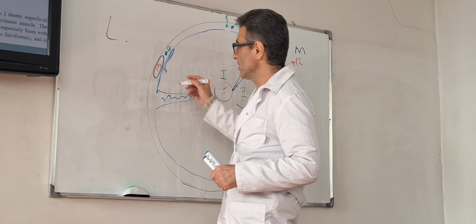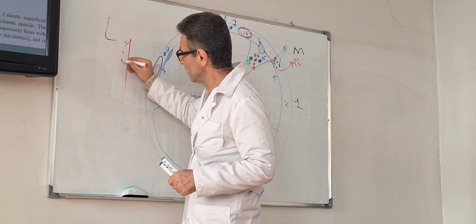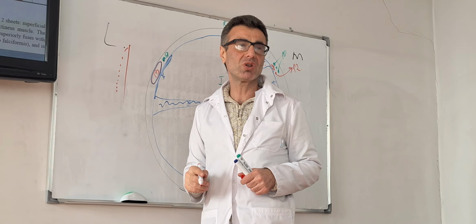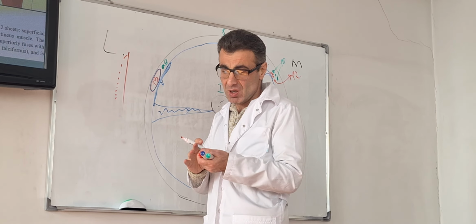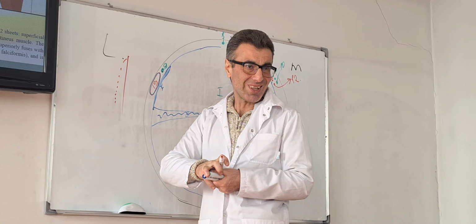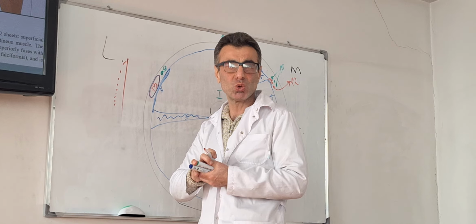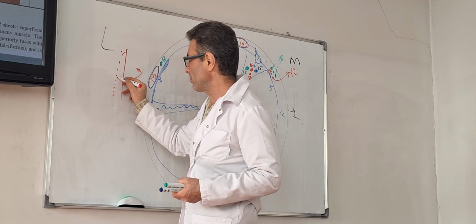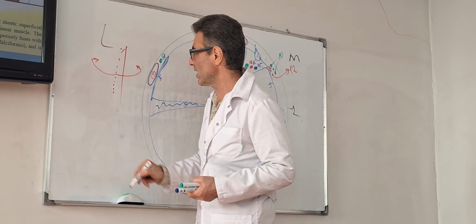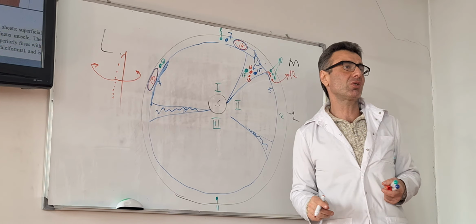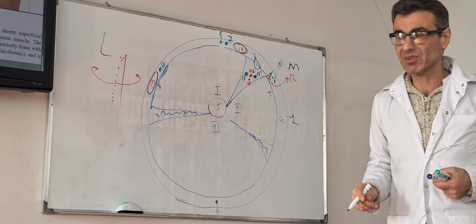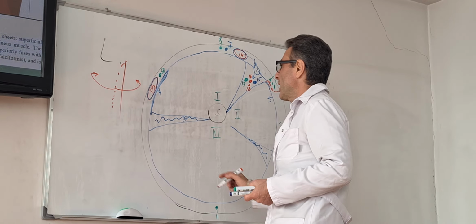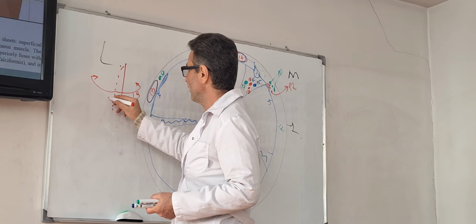For example, this is the femoral artery, and it gives the posterior branch, which is called the deep femoral artery. I think from anatomy you remember that the deep femoral artery gives two branches. One which is surrounding the femoral bone from the medial side, and another which is surrounding the femoral bone from the lateral side. In our picture, let's put the numbers 19 and 20.